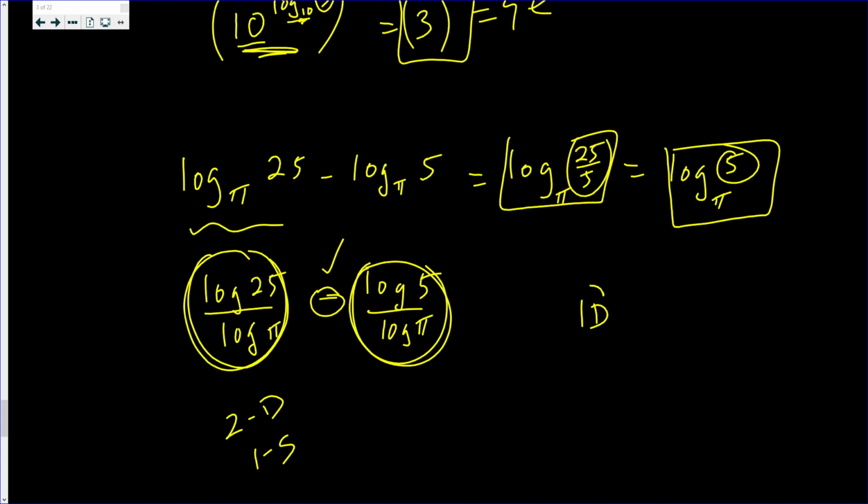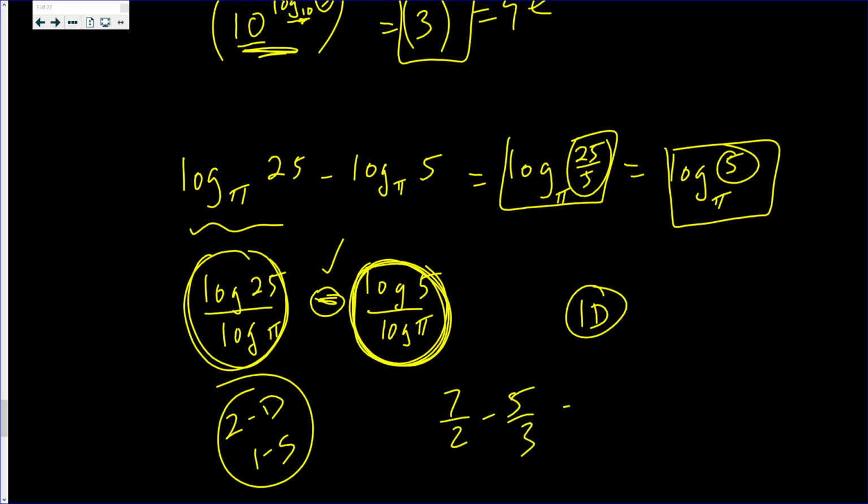So, would you rather do 1 division, or 2 divisions and 1 subtraction? It's a pain to do division with subtraction. You've got 7 over 2 minus 5 over 3. You might do 7 divided by 2 minus 5 divided by 3. And depending upon how you do it, your calculator might do this and then divide that by 3. That's not what you want.